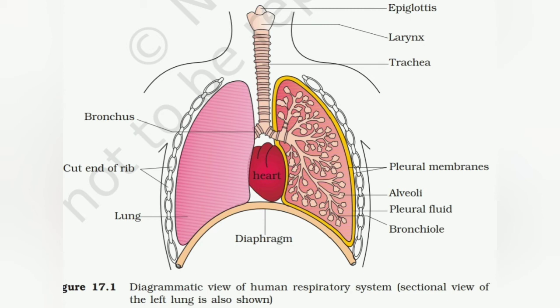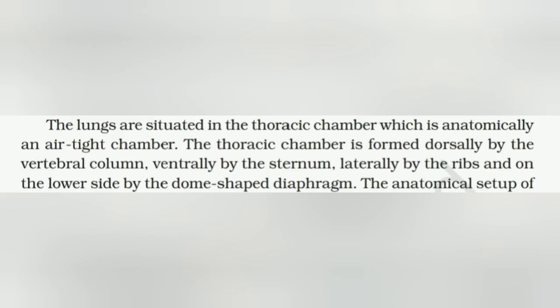Inside the lung, we will see that there are two pleural membranes, and small round sac-like structures, alveoli. Pleural fluid is filled in the pleural membrane, and the very thin branch attached to each alveolus is known as bronchiole. Beneath the lungs is a diaphragm that helps during the breathing mechanism. So these are the main important structures of the human respiratory system.